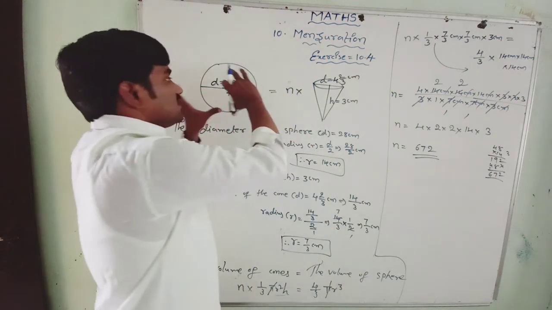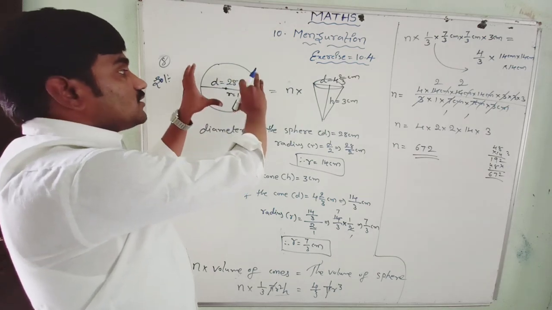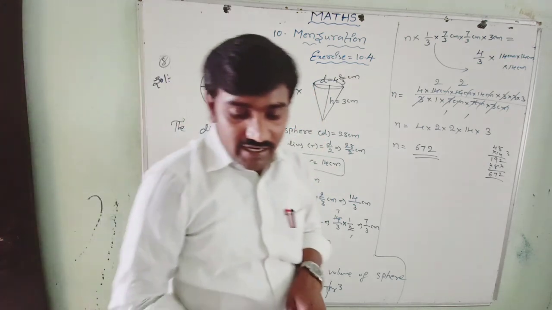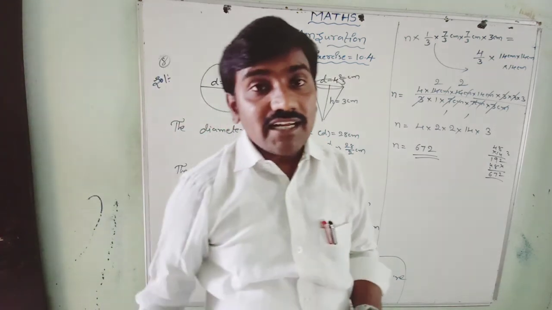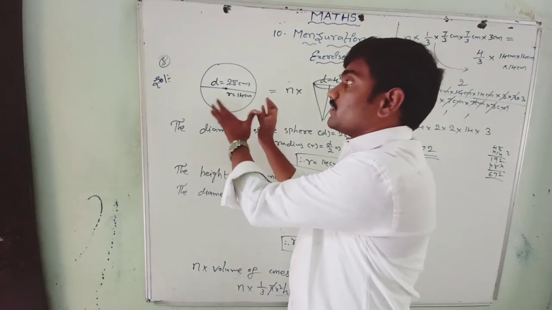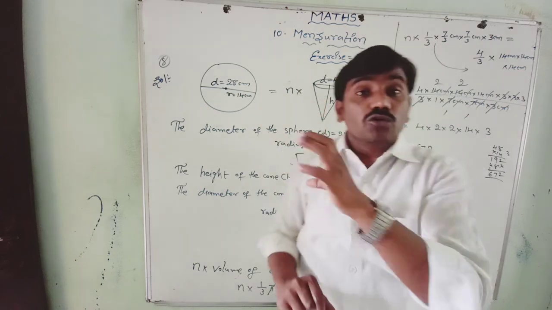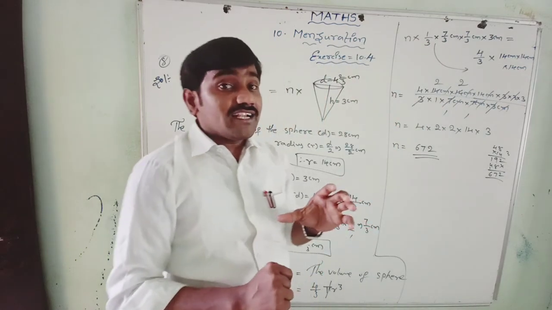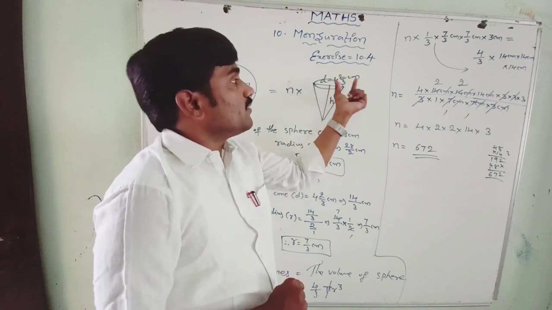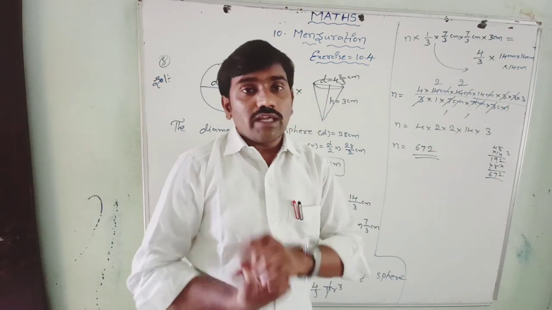So if you melt a sphere of diameter 28 centimeters, we can make 672 small cones. That means if we melt this sphere, with the resulting liquid we can make 672 cones. What kind of cones? Cones with height 3 centimeters and diameter 4 whole 2/3 centimeters.